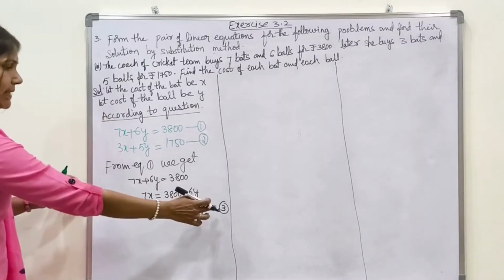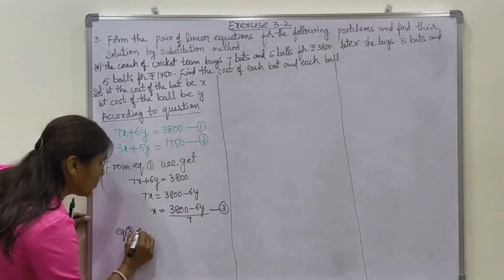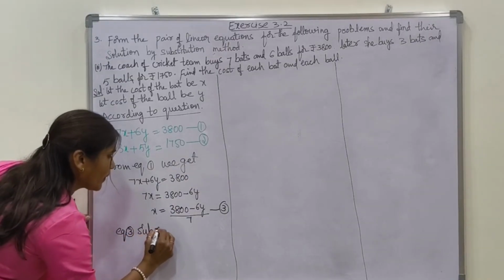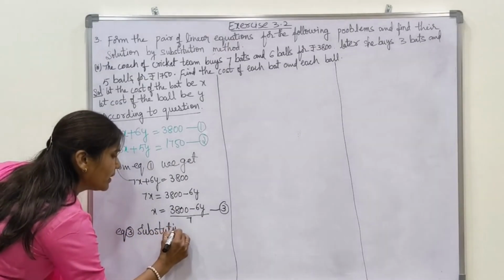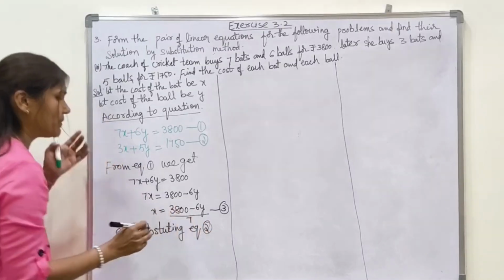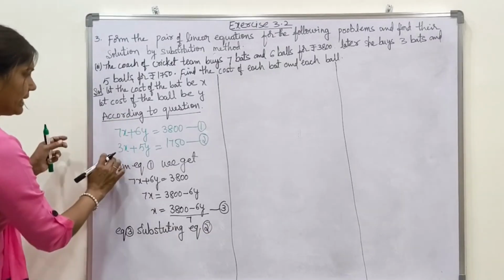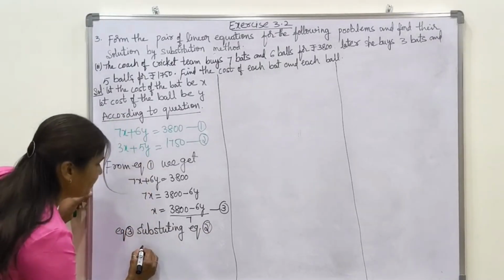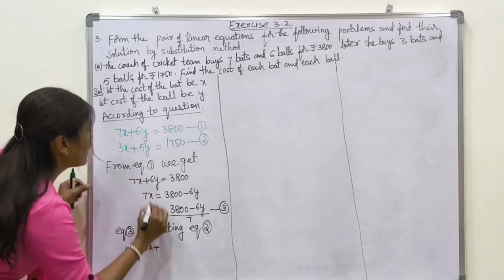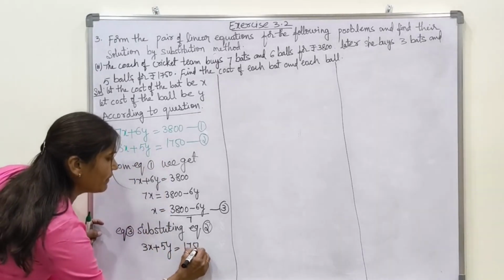Now I will write equation 3, substituting in which equation? Equation 2. This one I am substituting in equation 2. So now we will take the second equation: 3x plus 5y is equal to 1,750.